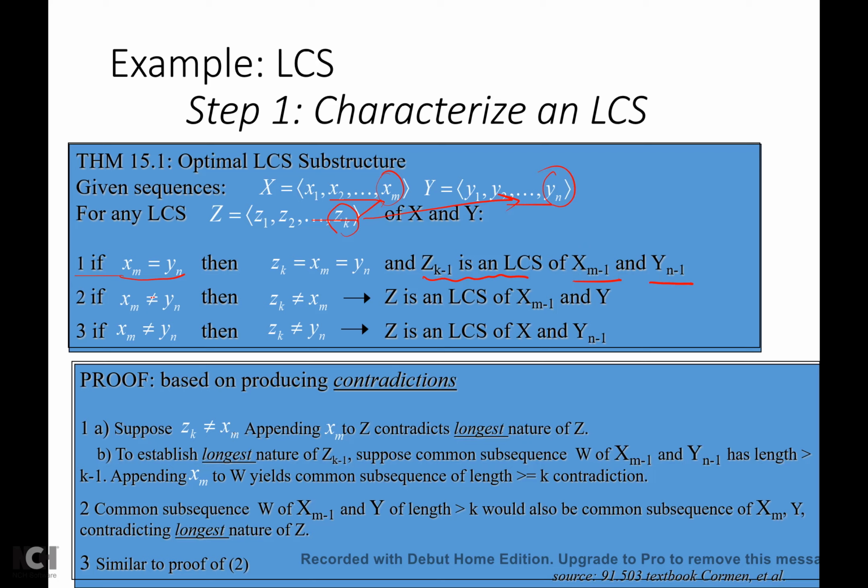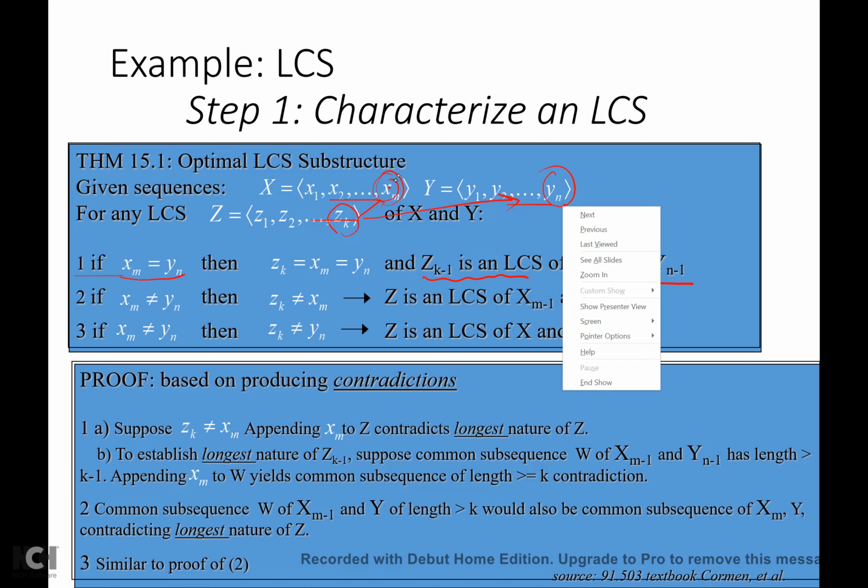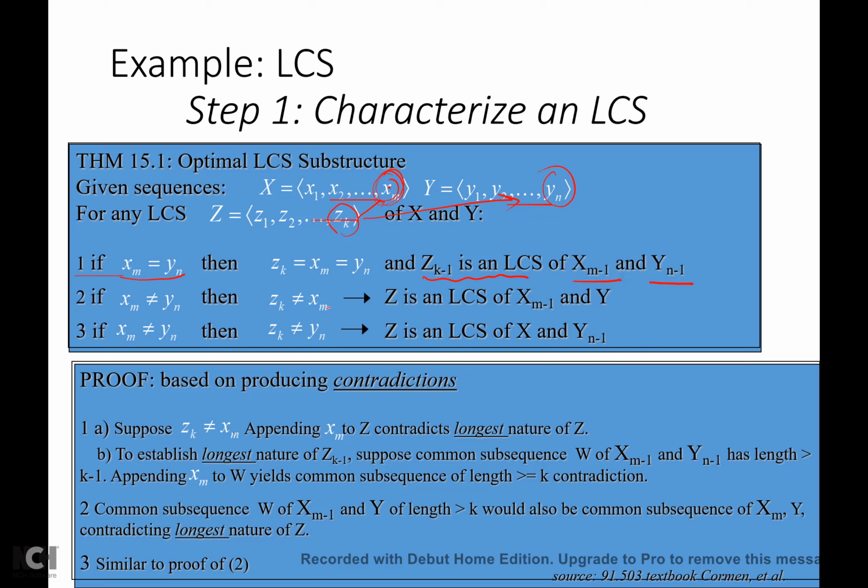If xm not equal to yn, then we consider which one will contribute to the longest common subsequence. If we are sure xm will not make a contribution, the longest common subsequence Z came from the previous x1 through xm minus 1, aligned with the whole y, right?